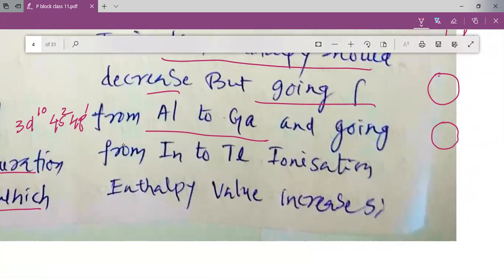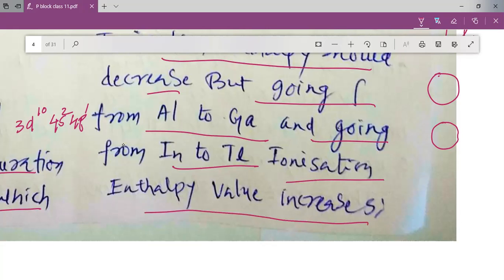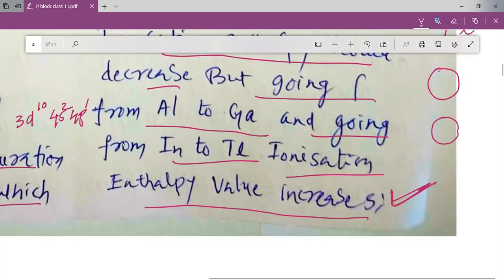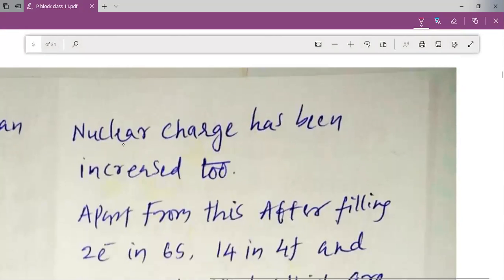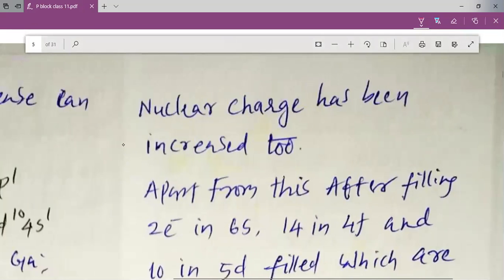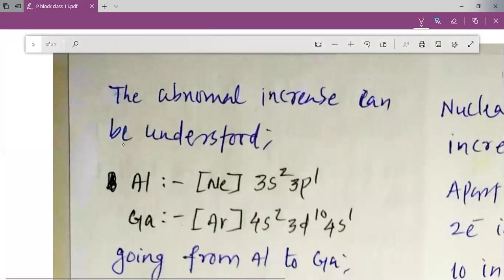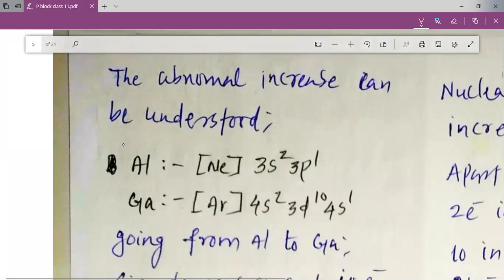But going from aluminium to gallium and going from indium to thallium, my dear students, the ionization enthalpy value, instead of decreasing, increases. Now we will study why this anomaly can be seen, while going from boron to aluminium to gallium, and from the last two elements, why this ionization enthalpy increases instead of decreasing.